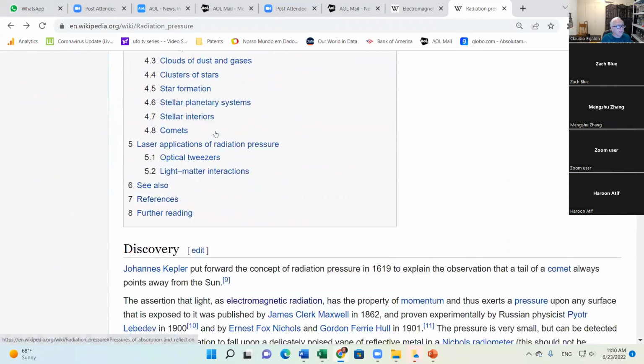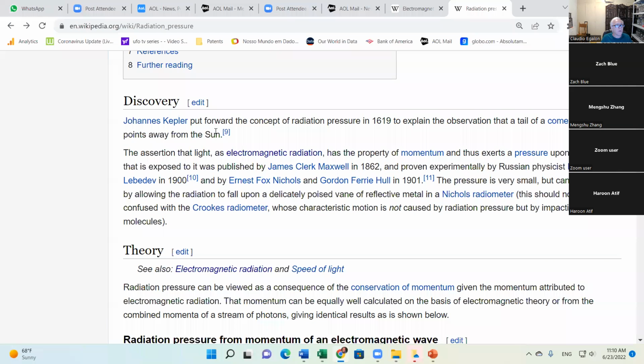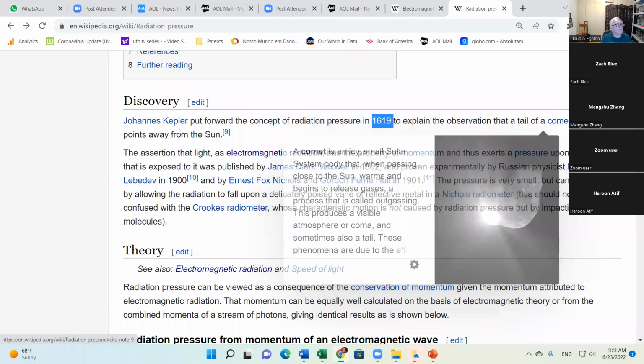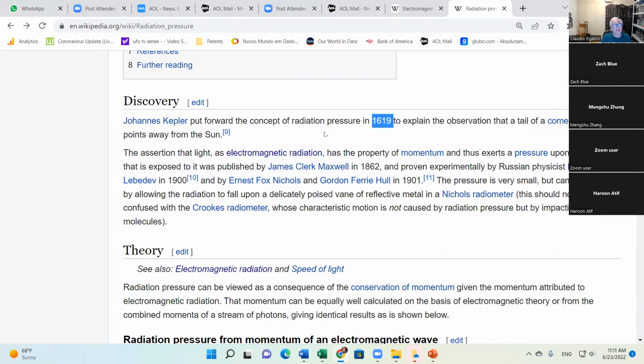The idea of radiation pressure, which is related to the momentum of radiation, has been around since 1619. Johannes Kepler himself proposed the idea just by observing the tail of a comet. The tail of a comet always points away from the sun. So he started thinking, is it possible that the light rays of the sun are exerting a pressure on those particles of the comet? That's why the tail points away from the sun.